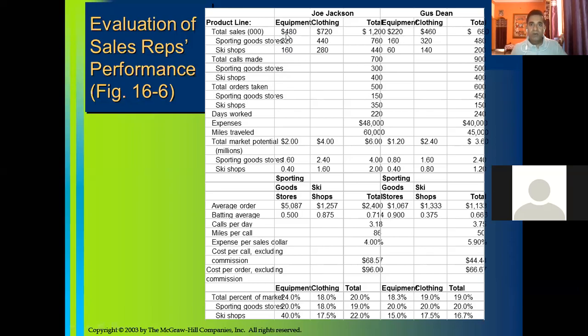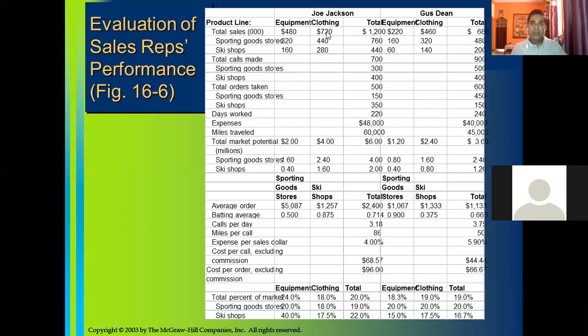Out of $480,000 of equipment, he has sold equipment worth $320,000 to sporting goods stores, and $160,000 worth of equipment to ski shops.